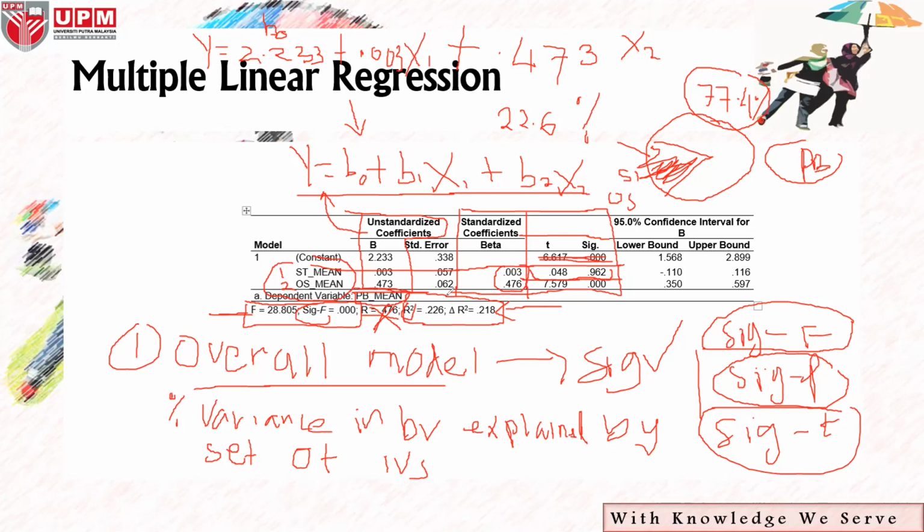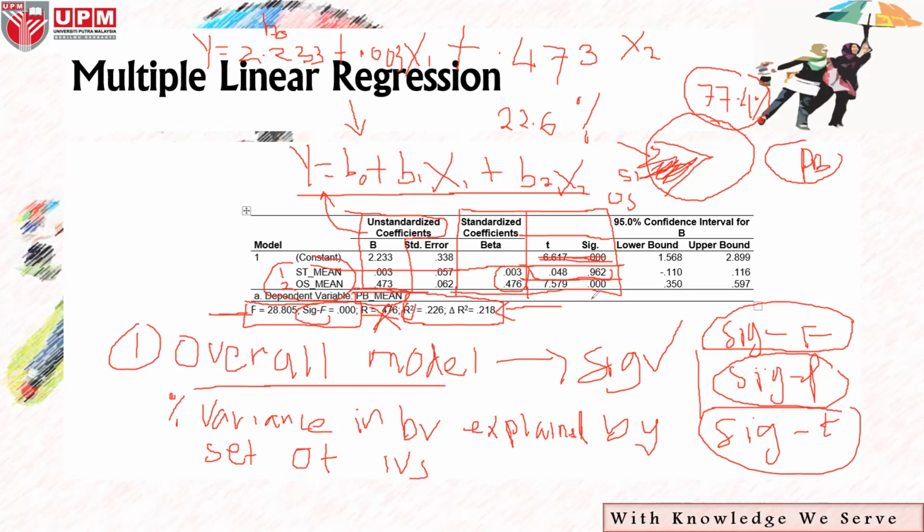Okay, and now we check the T and significant T for organizational support. For the influence of organizational support on philanthropic behavior, the T value is 7.579. Significant T equals 0.000. Is the result significant or not significant?